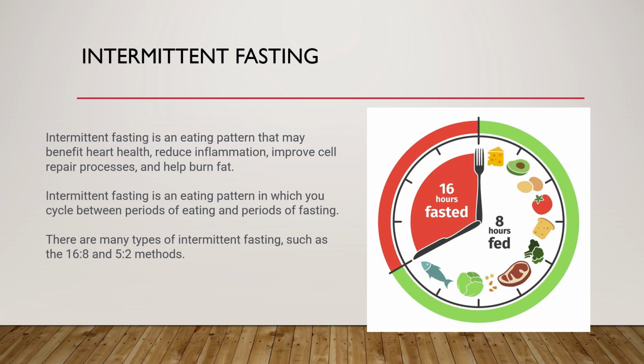It is an eating pattern in which you cycle between periods of eating and periods of fasting. Now there are many types of intermittent fasting, but the most trending ones are 16 to 8 and 5 to 2. Now let's understand more about it.